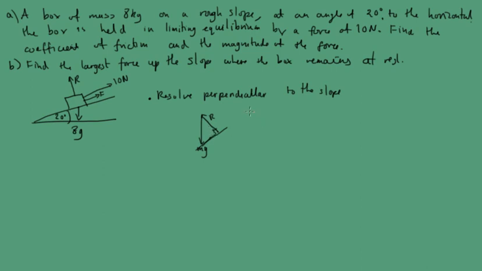So R would be equal to 8g cosine of 20, which is 75.2 newtons.